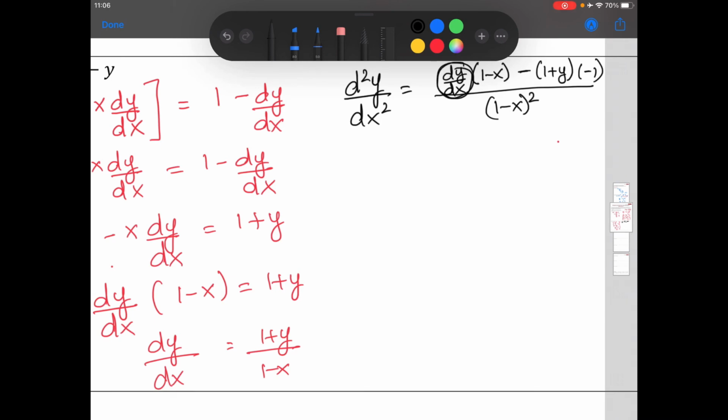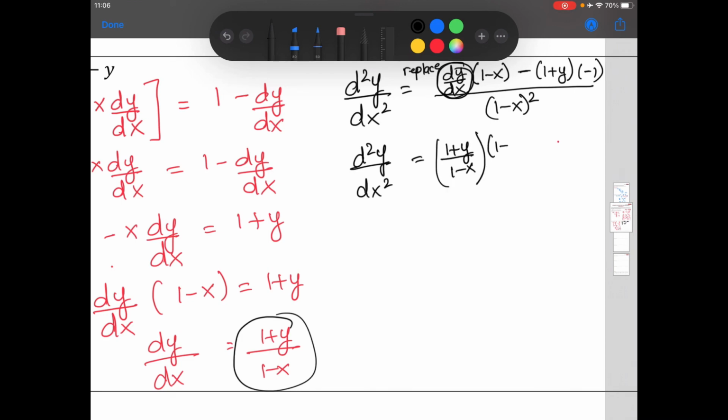So simplify, and replace again. Replace this with dy over dx, which is down here. This is more algebra we're doing, once you understand what we have to do here. So it's 1 plus y over 1 minus x, and the 1 minus x, do you see that they'll cancel out? You can cancel over multiplication, not addition or subtraction, guys.